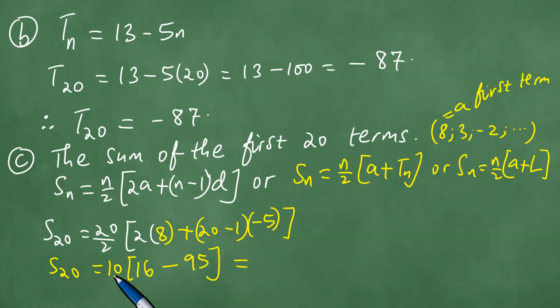And then you just put all this on the calculator, and then you have 10 into 16 minus 95. What are you getting, guys? Minus 790. Is it minus 790? Yes, sir. Okay. All right.